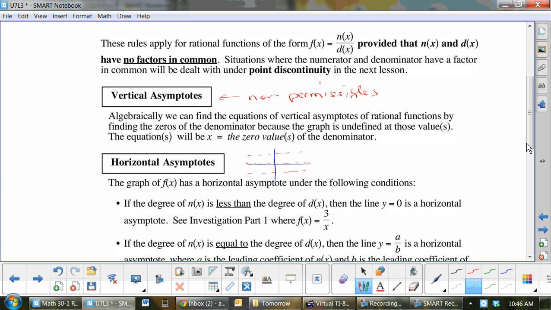Now, there are 3 kinds of rules to identify horizontal asymptotes. So we're going to get right to the 3 types right now so you can see the difference between them.